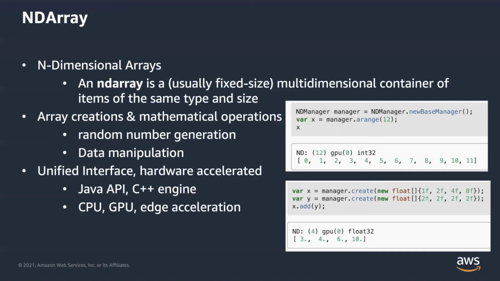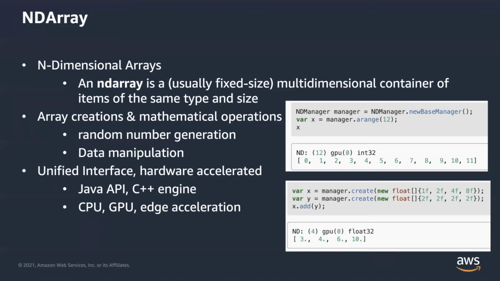Because in deep learning, the data is massive and usually in multiple dimensions and in batches. So that's why we designed this container concept to help you better manipulate or control the data. So this API supports array creation and mathematical operations.